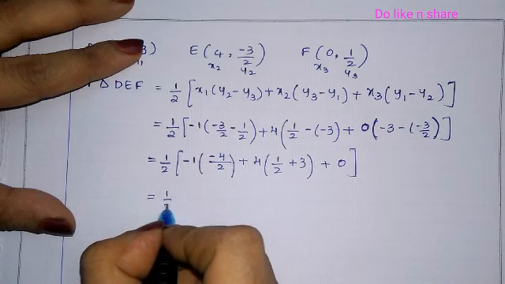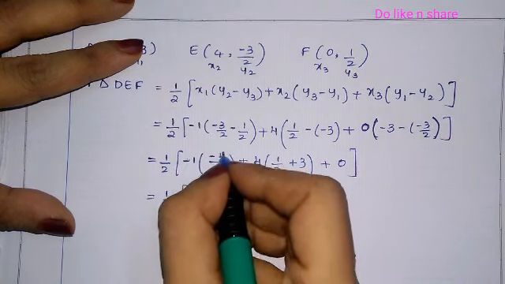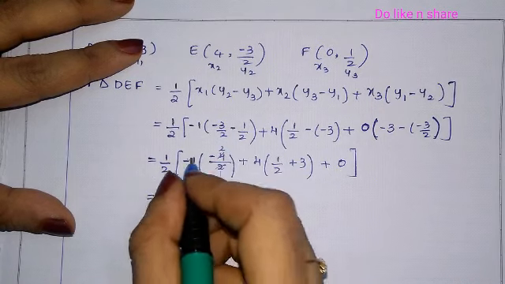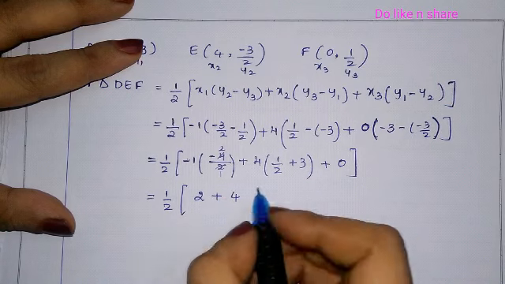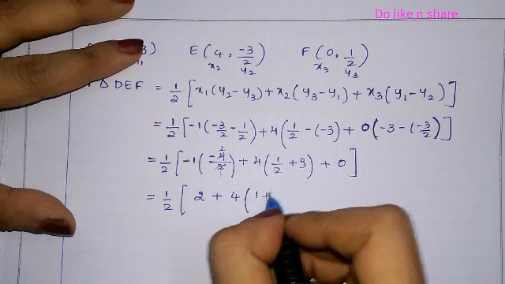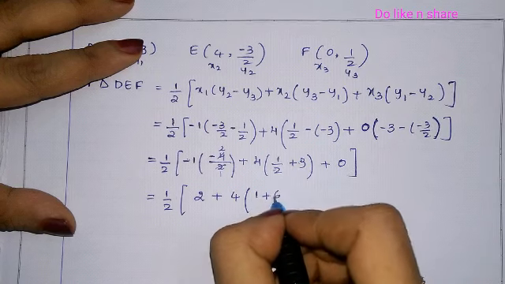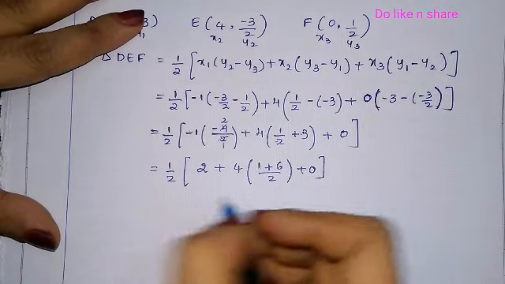So we write half, minus minus is plus, 2 ones are 2, 2 twos are 4, plus 2 plus 4, into 6 upon 2 plus 0.